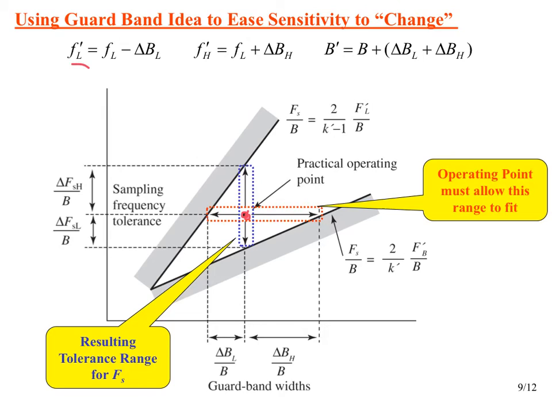So we define Fl prime to be Fl minus delta B sub L, and Fh prime, I think that should be Fh, Fh prime is Fh plus delta B, and then we have our new bandwidth B, which is the old bandwidth plus both of those deviations.